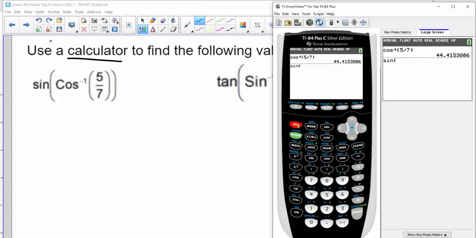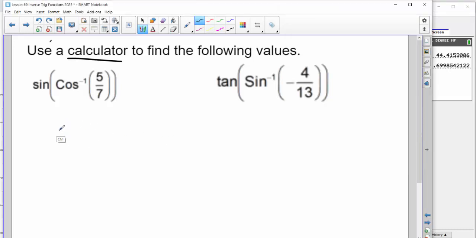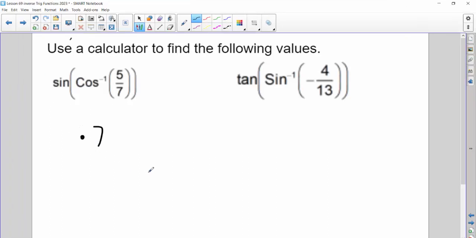So sine of that answer, second answer, equals 0.6998. So roughly, if we round to the hundredth, that's about 0.7. So next, we'll find the inverse sine of negative 4/13 and then take the tangent of that using the calculator. So here we go.